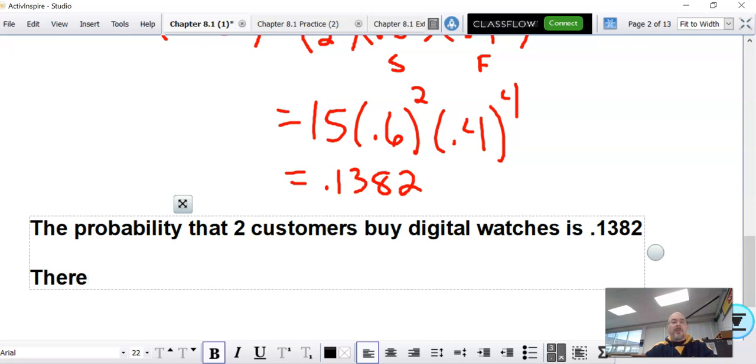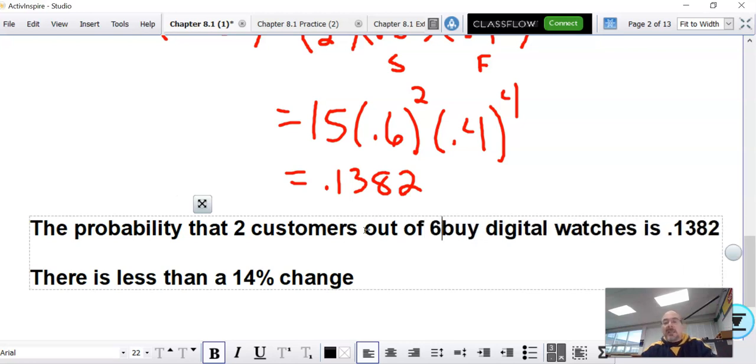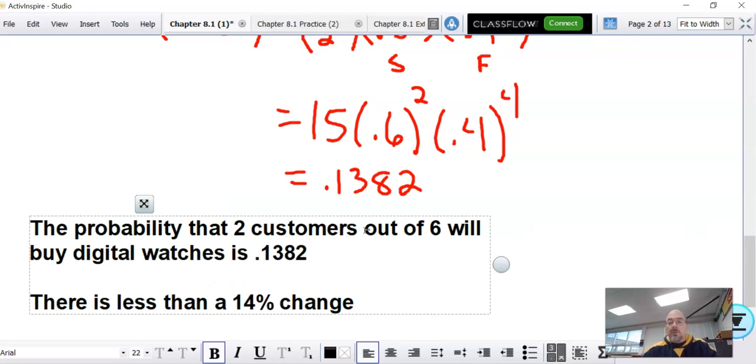So there is less than a 14% chance. Oh, I need to be more specific than that. The probability that 2 customers out of 6 will buy digital watches is, you have to be very specific. The probability that 2 customers out of 6 will buy digital watches is 0.13.